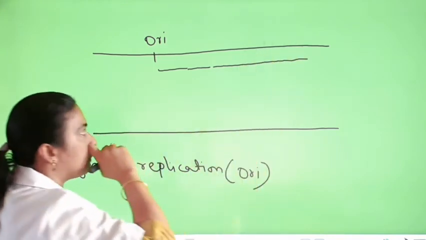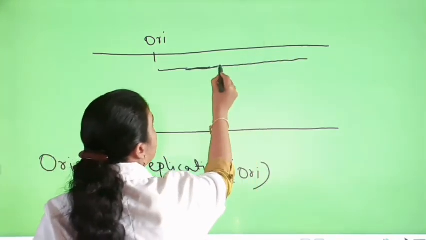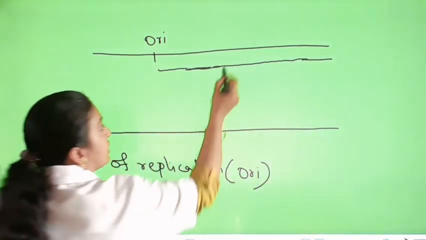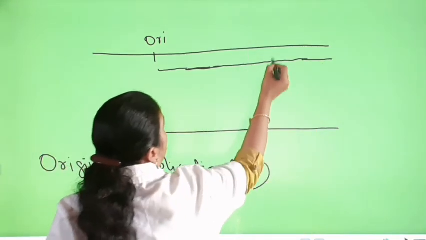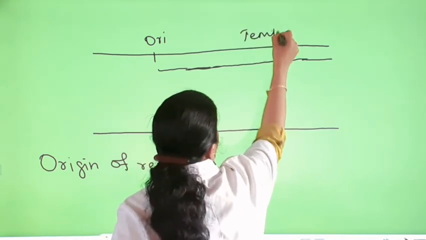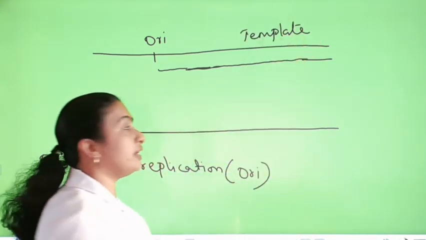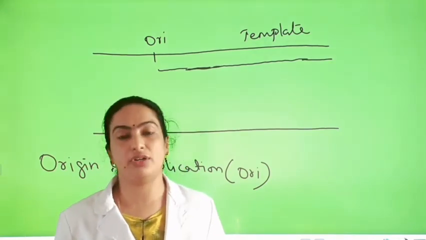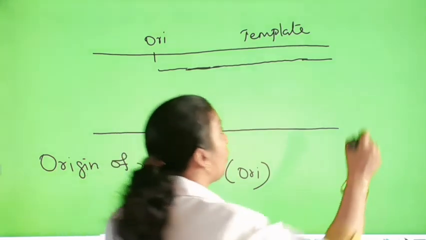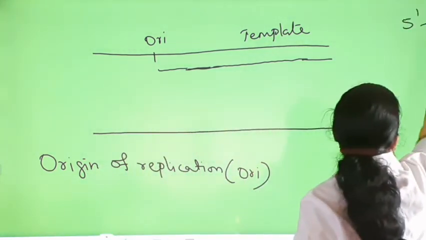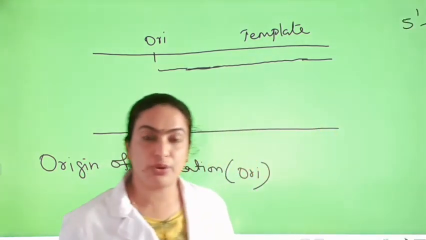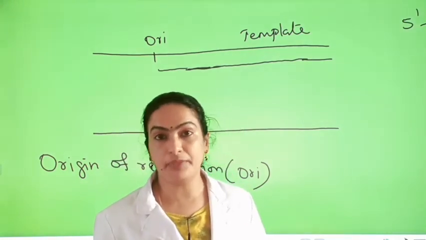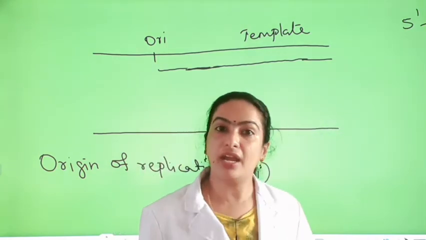Elongation process means adding of nucleotides, the formation of a new strand. And this must be complementary to the template strand. So this is the template strand. And one more thing I want to tell you: the DNA polymerase enzyme can do polymerization only in the 5' to 3' direction.